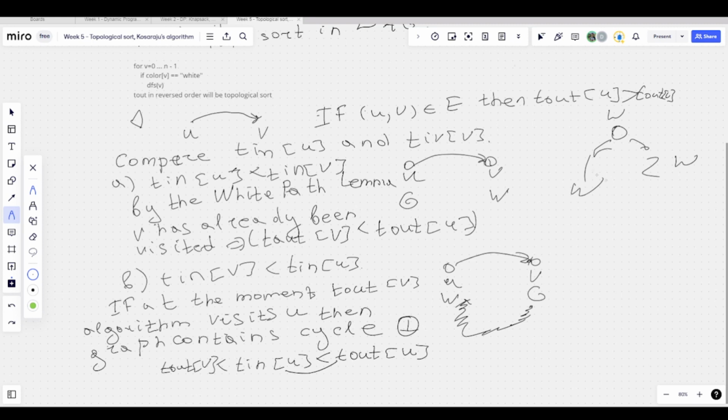In time zero it looks like this. In time one it looks like this, and so on. It helps us to recognize what we do in our DFS.